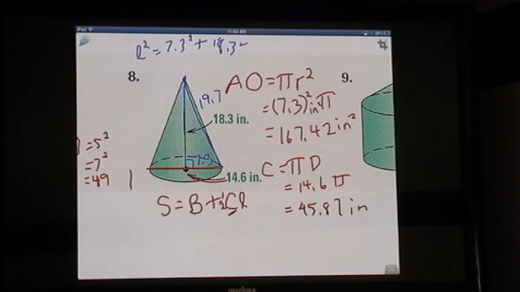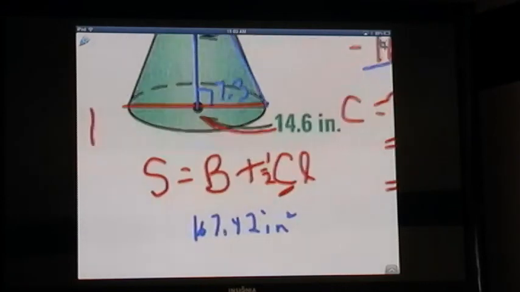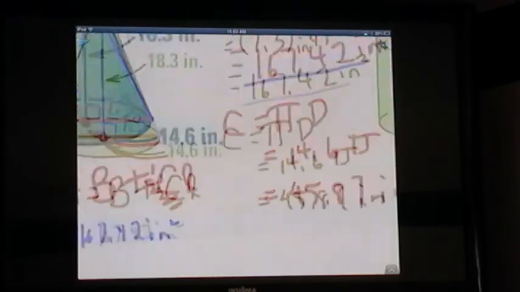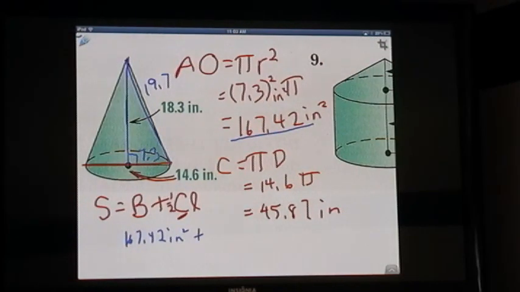So let's plug in all of our answers now. 167.42 inches squared. And then we've got circumference, which is 45.8 inches, times the slant height, which is 19.7 inches, times 1/2.